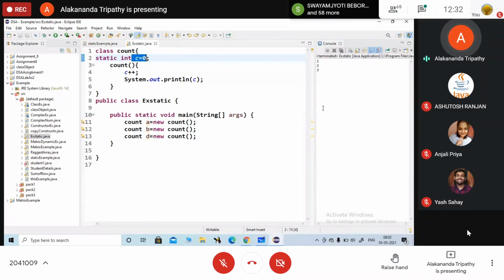It is your last year question also. Output based question में ये question भी था. Okay, note down this question also. So what is the difference between the static and the non-static variable?